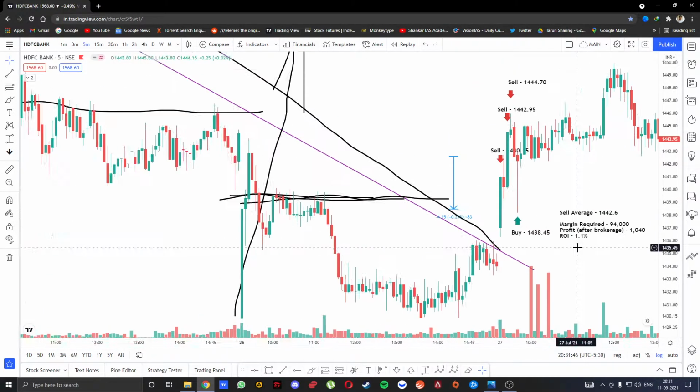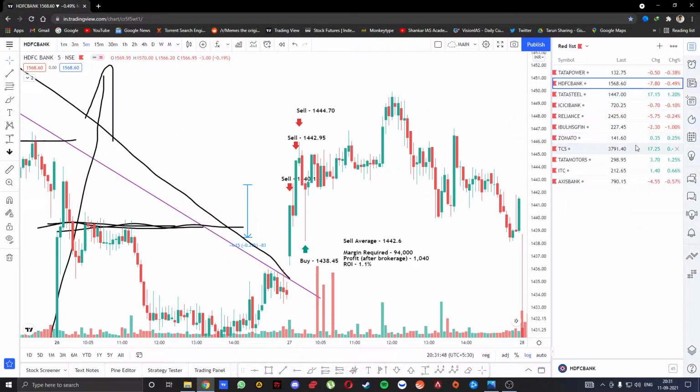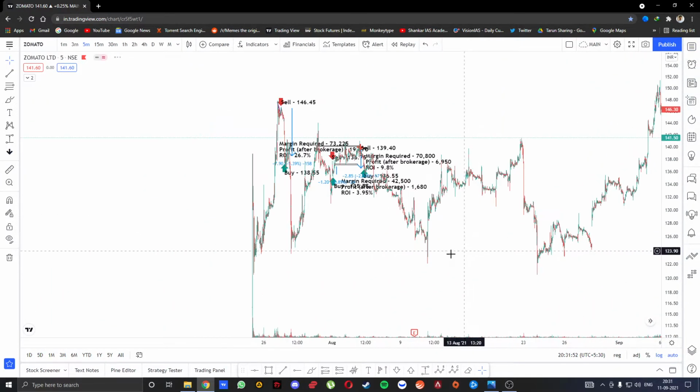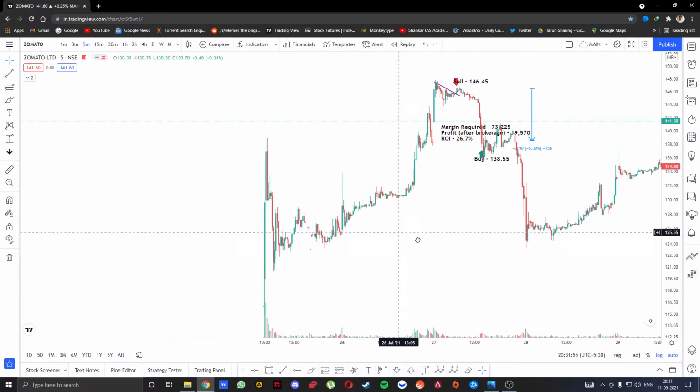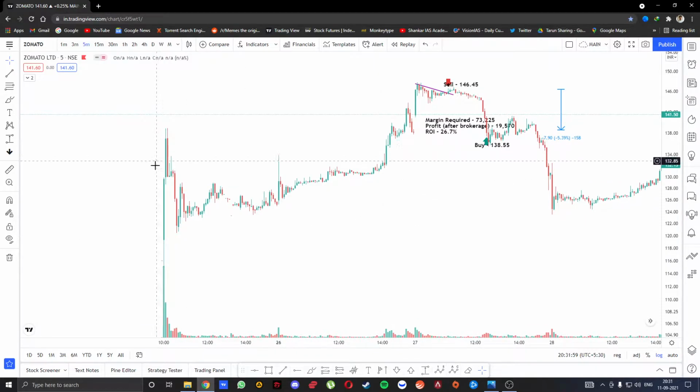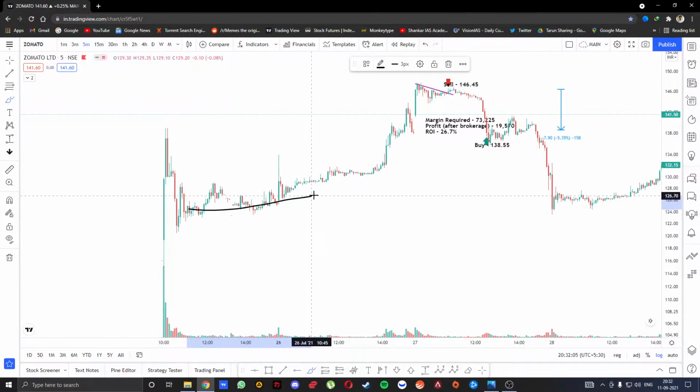Now the next trade on Zomato was a huge success and I made a decent amount of money on this trade. What happened is that the stock got listed at a very huge premium and after that it started moving up again.